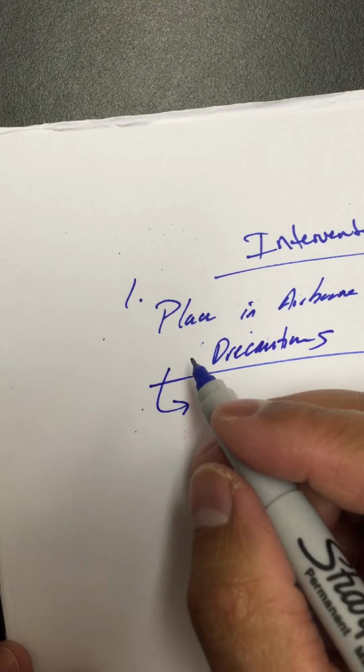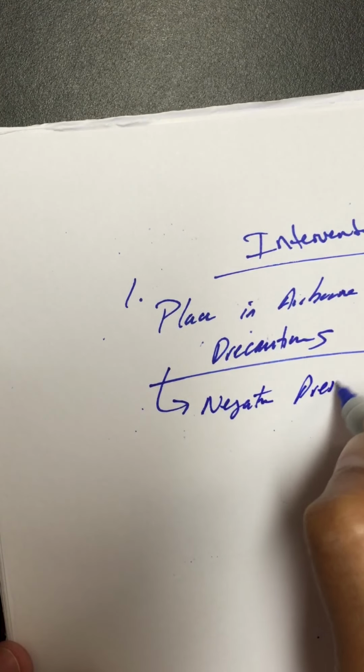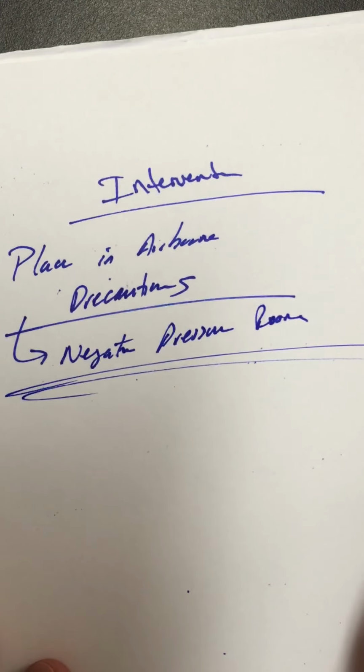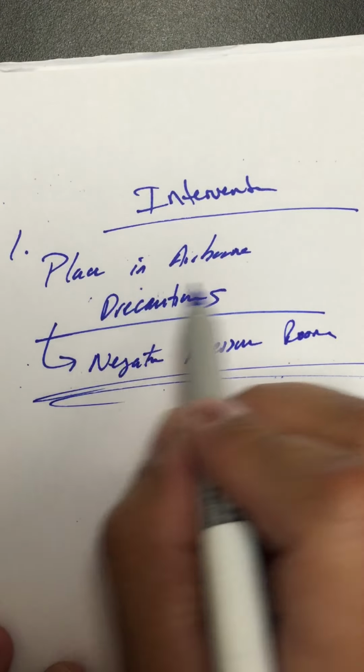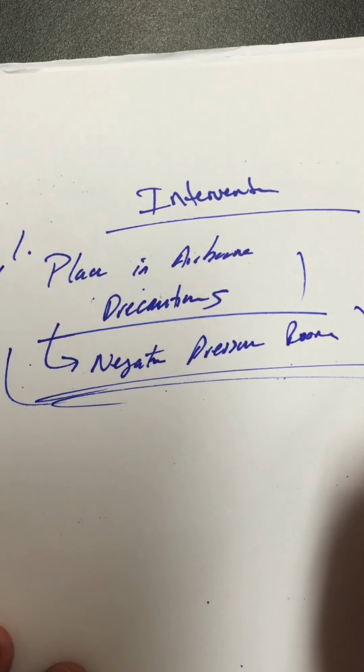So you put them in a negative pressure room. That is a biggie. Again, place them in an airborne precautions room, negative pressure room.